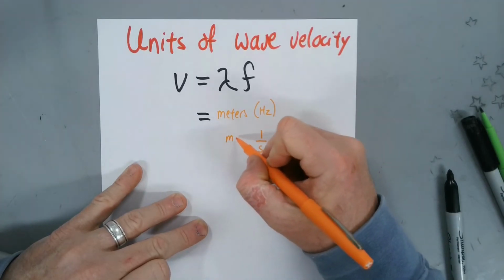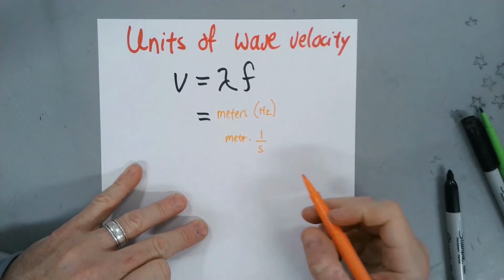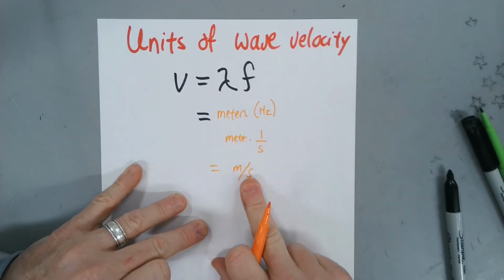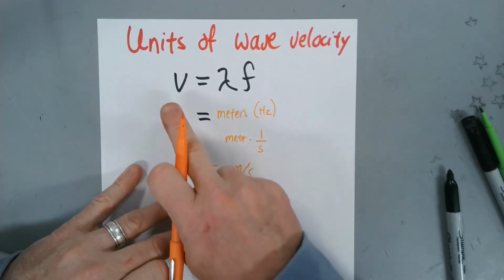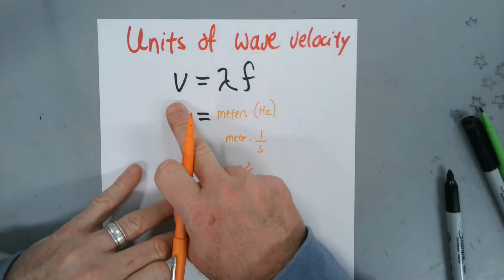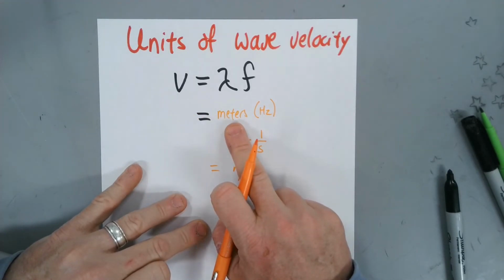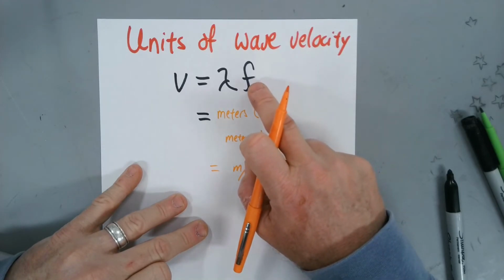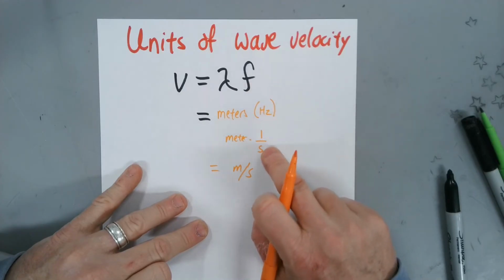So I end up with meters times 1 over a second. I wind up with meters per second, which makes total sense for a unit of wave velocity. Now, if it were really small waves, I might measure in millimeters or nanometers, but it's still some unit of length per second because frequency is hertz, which is 1 over seconds.